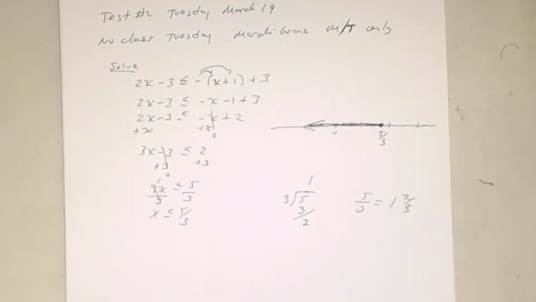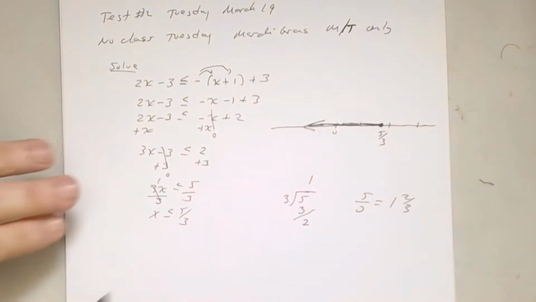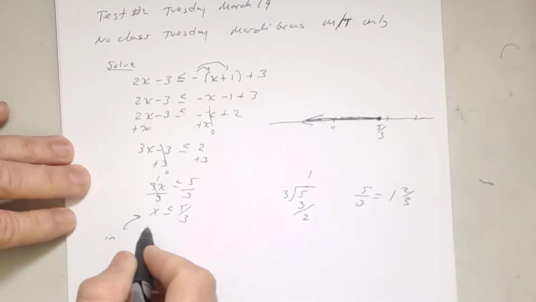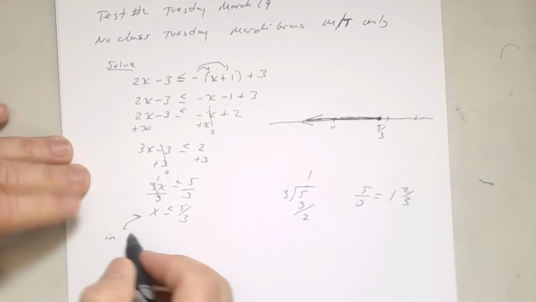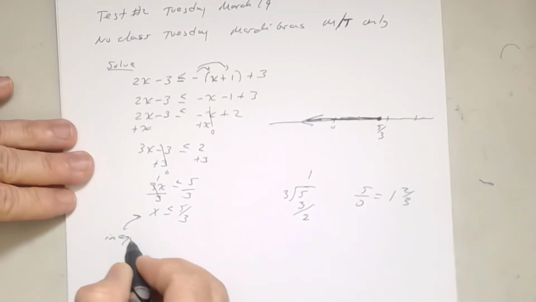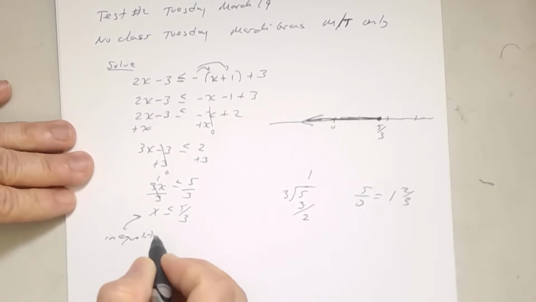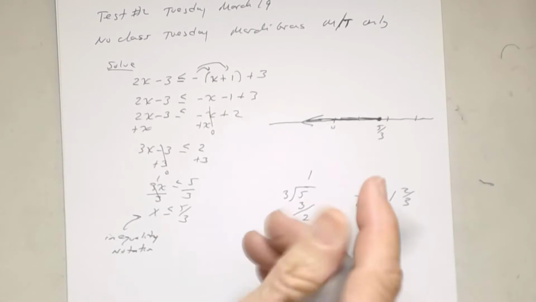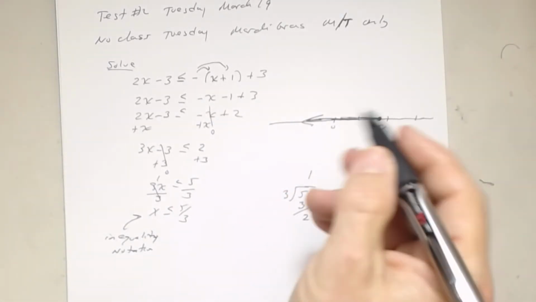Then we talked about interval notation. When you do interval notation, you have to read it from left to right. This right here is inequality notation, because you see an inequality symbol. Very simple to understand that part. An interval is where you have those parentheses and brackets.